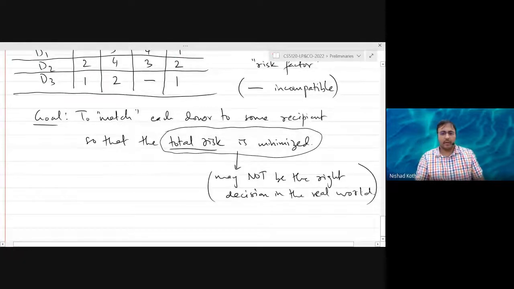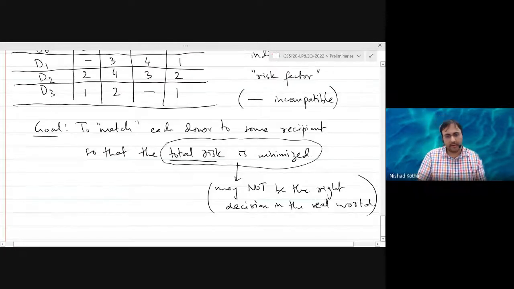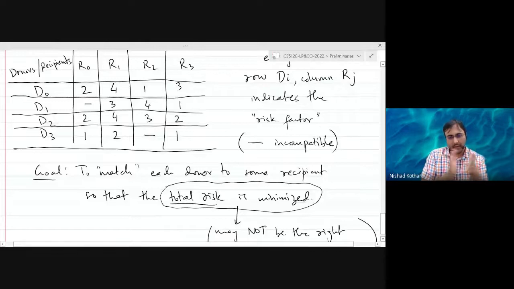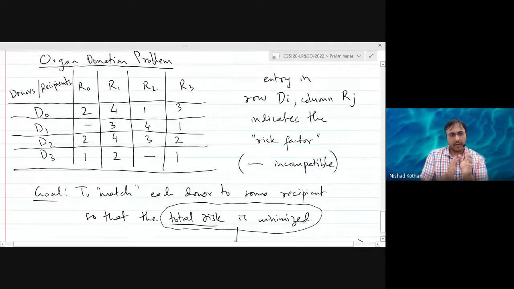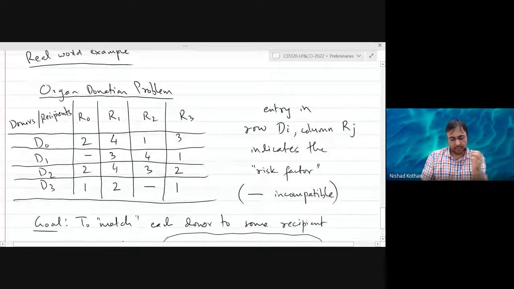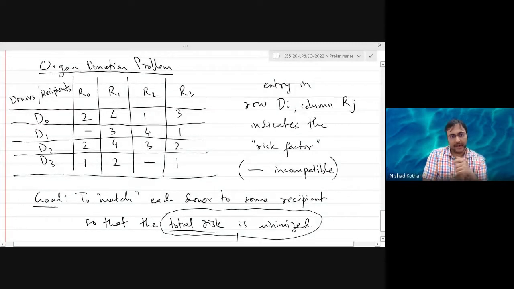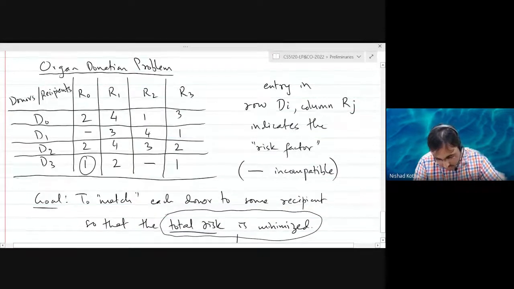So modulo that comment, let us focus on the problem we have here. So what does this correspond to? First of all, notice that there is actually a way to choose donor and recipient pairs.